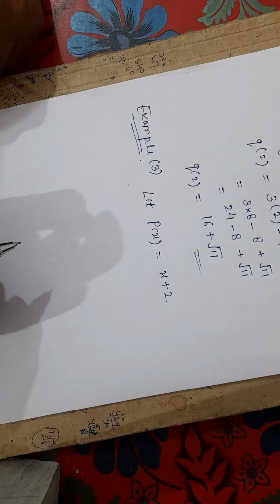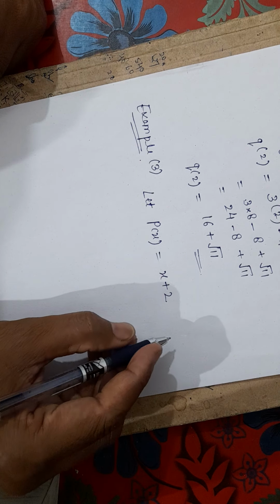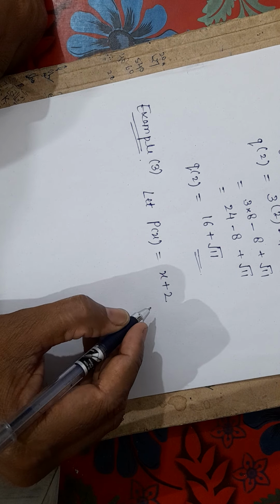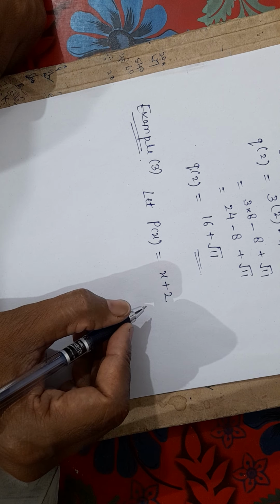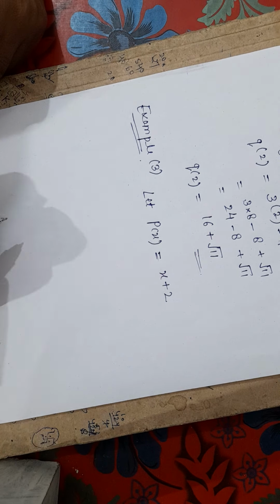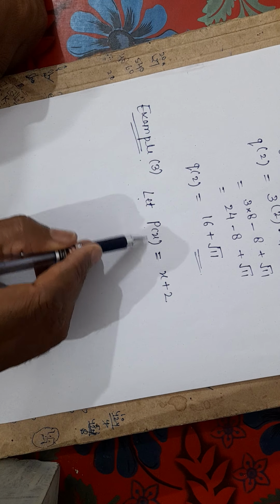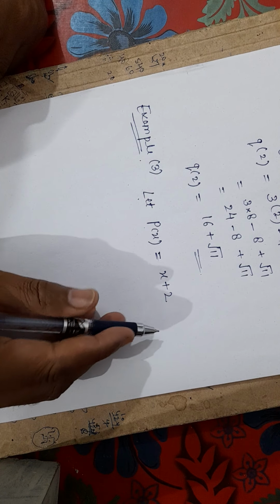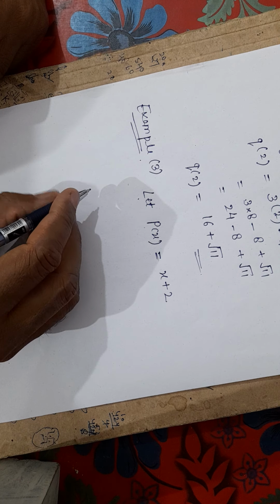So kindly open your NCERT book in order to understand all the things in an easy manner. It will help you in a better manner. So in example number 3, let p(x) equal to x plus 2. Here we have to check whether minus 2 and 2 are zeros of the polynomial.